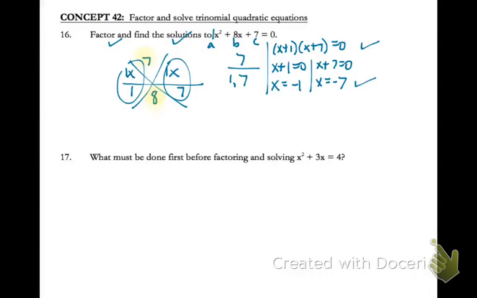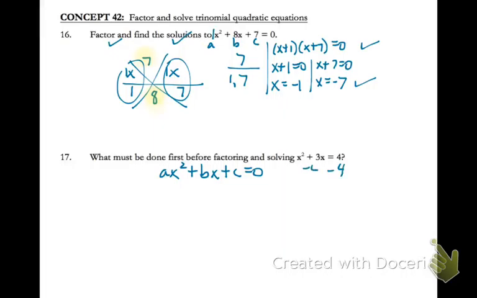Number 17 asks the question, what must be done first before factoring and solving this problem? We'll notice that this is not in our standard form for a quadratic, ax squared plus bx plus c equals 0. So the very first thing you need to do is to make sure that your equation is set equal to 0.